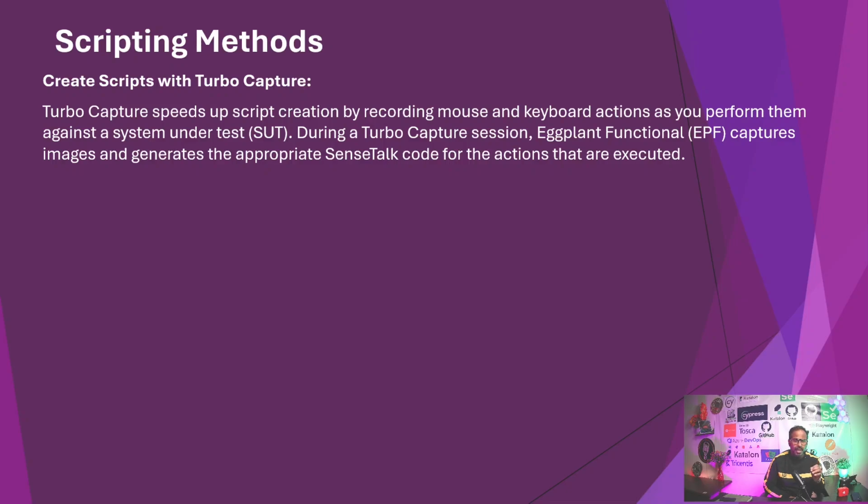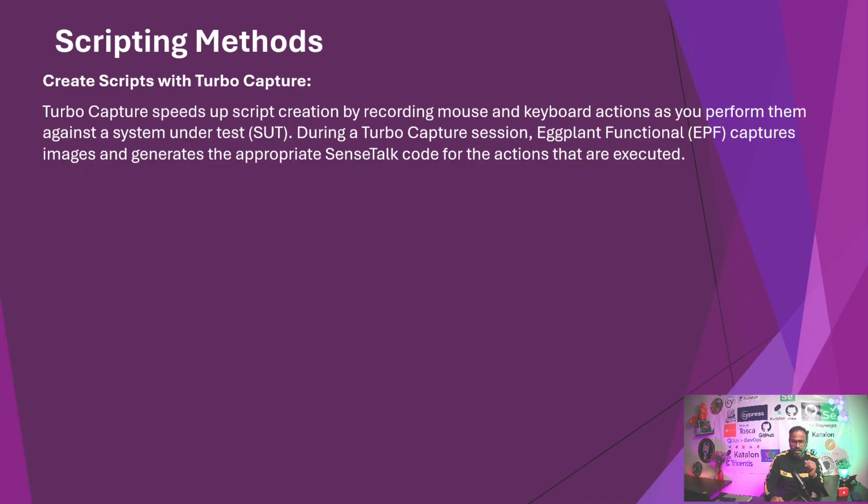So turbo capture speeds up script creation by recording mouse and keyboard actions as you perform them against a system under test. During a turbo capture session, Eggplant Functional captures the images and generates the appropriate SenseTalk code for the actions that are executed by the user.